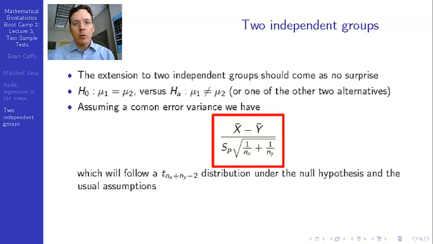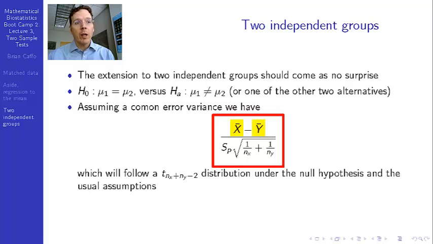Our natural estimator of mu1 minus mu2 would be, let's say the x's are group 1 and the y's are group 2, x bar minus y bar. Under the null hypothesis, that would have a hypothesized mean of 0, so we don't need to subtract anything off up here on the right.